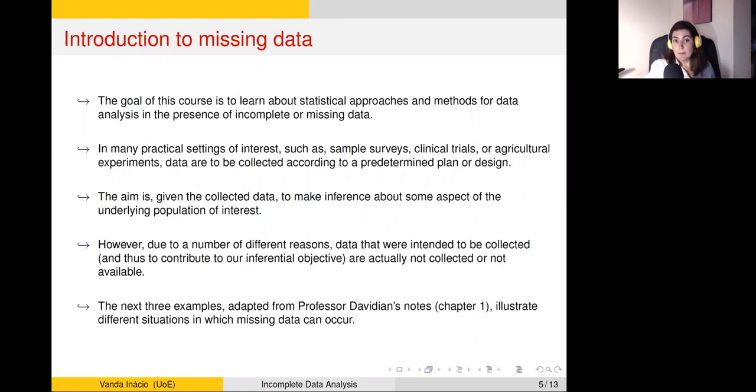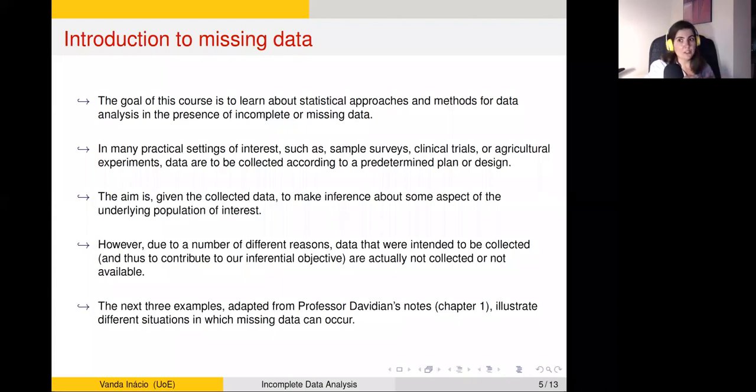And in many practical settings of interest, such as, for instance, sample surveys or clinical trials, data are to be collected according to a predetermined plan or design, and then the goal is, given the data that we have collected, to make inferences about some aspect of an underlying population of interest. However, due to several reasons, data that were intended to be collected and therefore would be contributing to our inferential objective are actually not collected or not available.